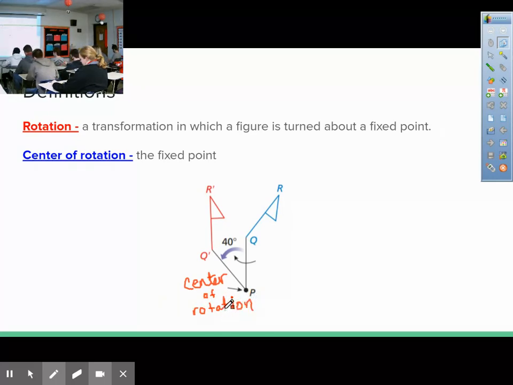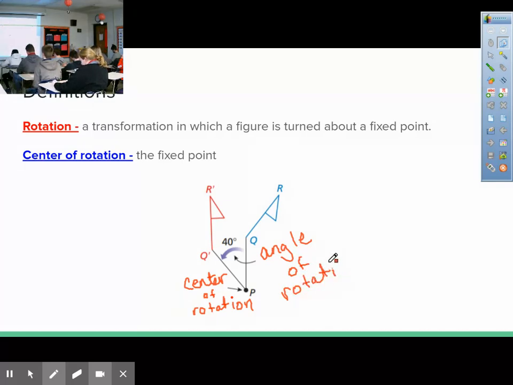And that 40-degree angle is the angle of rotation.